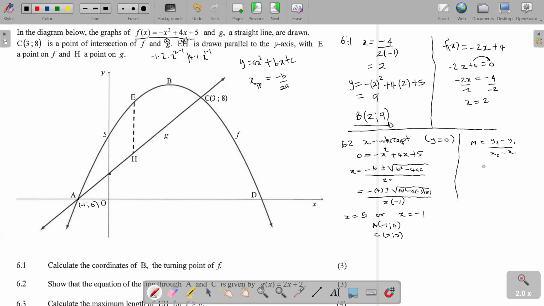So this becomes, if we choose this one to represent y2 and x2, and this one y1, it becomes 8 minus 0 over 3 minus 1.